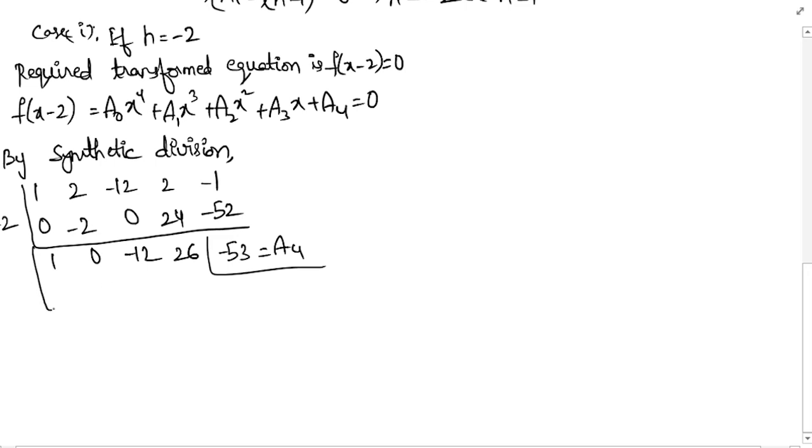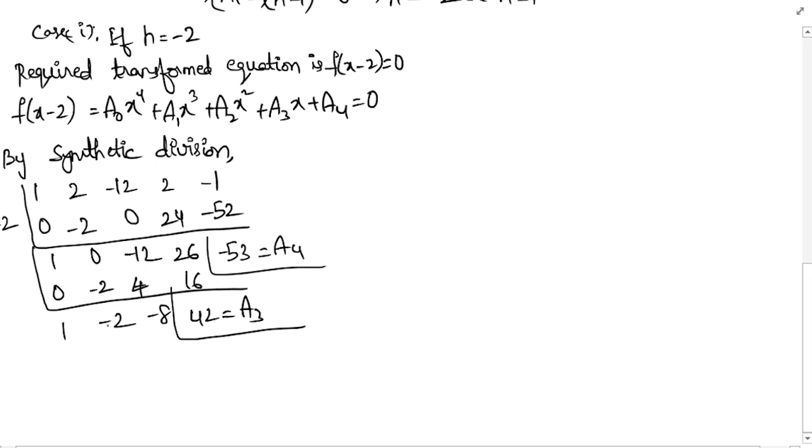Now again 0, 1, minus 2, minus 2, 4. This will be minus 8. This will be 16. So this is 42, which is equal to A3.